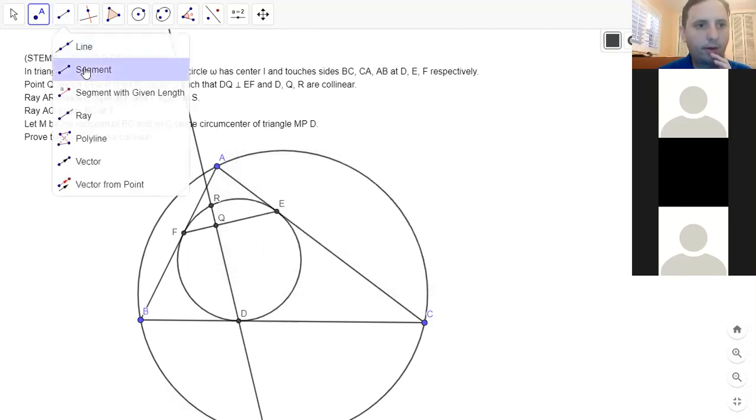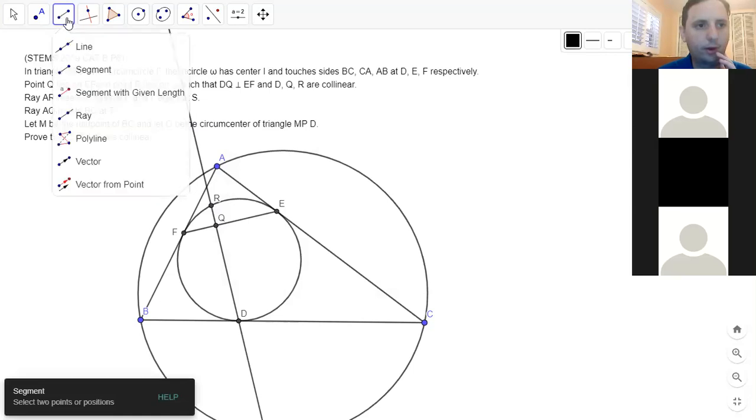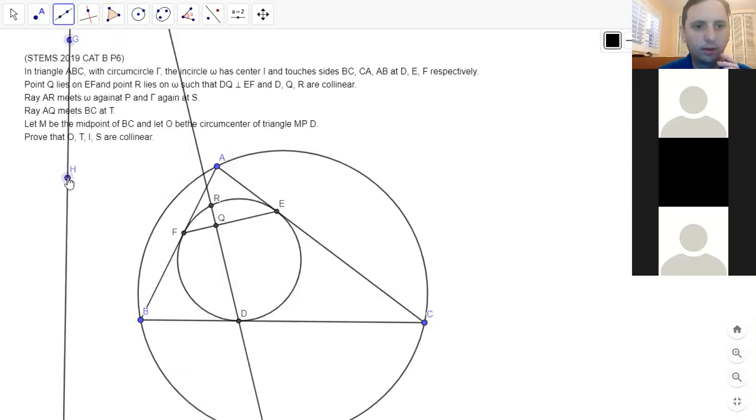AR, this might be like a well-known idea. It looks like IMO 2019 number 6 kind of.